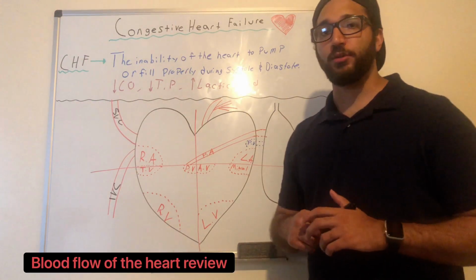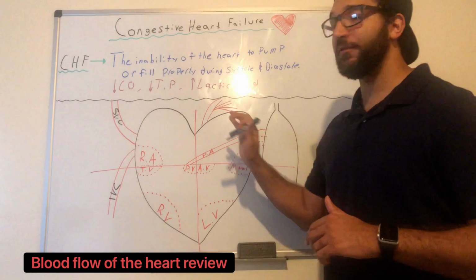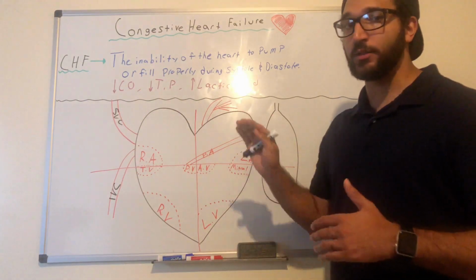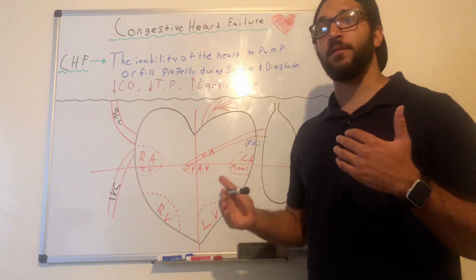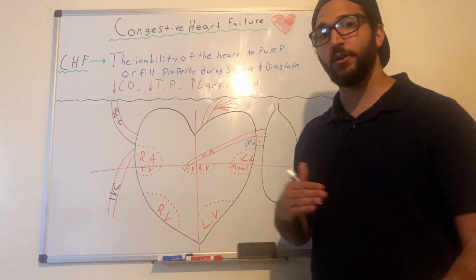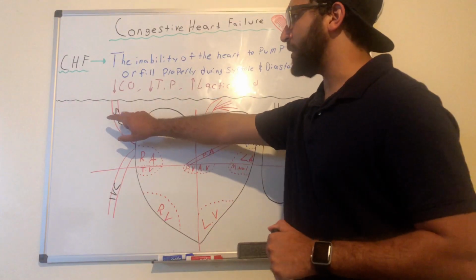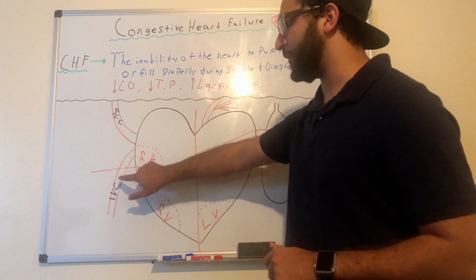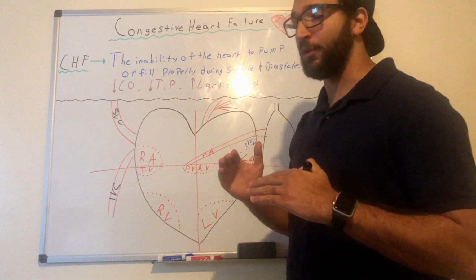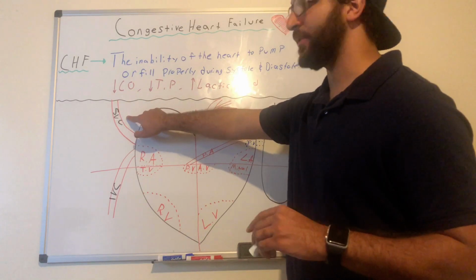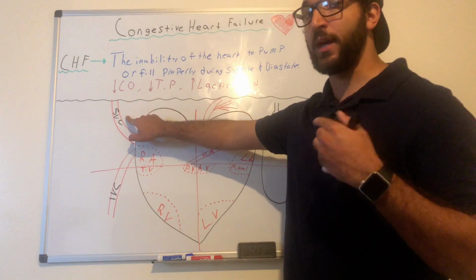I think it's important to discuss the blood flow of the heart before moving on to the signs and symptoms of right-sided heart failure and left-sided heart failure. So let's begin. It begins with the superior vena cava and the inferior vena cava bringing in blood flow. Superior vena cava brings in blood flow from the head and neck.